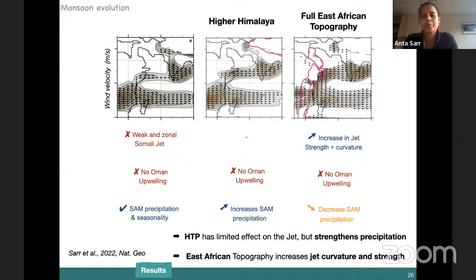I still have no upwelling, but I have a decrease in precipitation in the South Asian monsoon region. This decrease is controversial even in the modeling world, because different studies trying the effect of these topographic features can show both increase and decrease in the same precipitation.